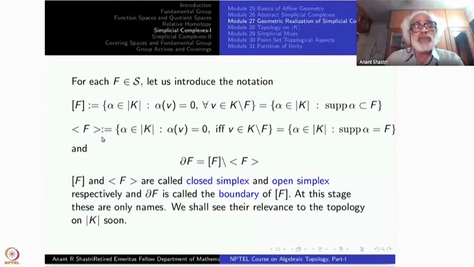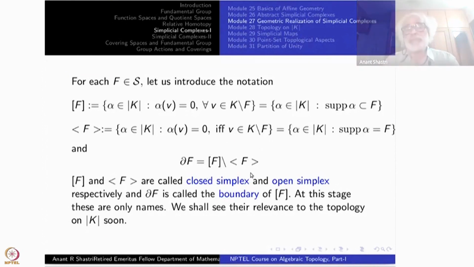The second one, the open simplex, is all alpha such that alpha v is 0 if and only if v is in K minus F. That means if v is in F, it is not 0. So it's the same thing as support of alpha is equal to F. Then the boundary of F was defined as closed simplex minus open simplex.